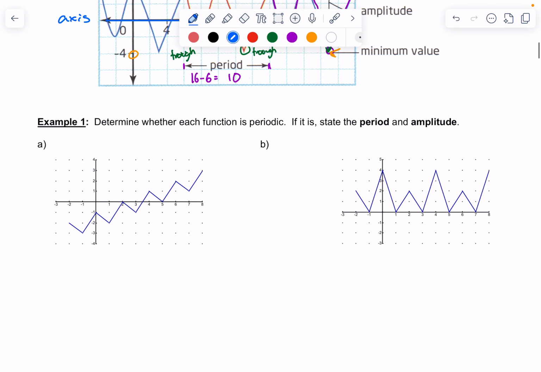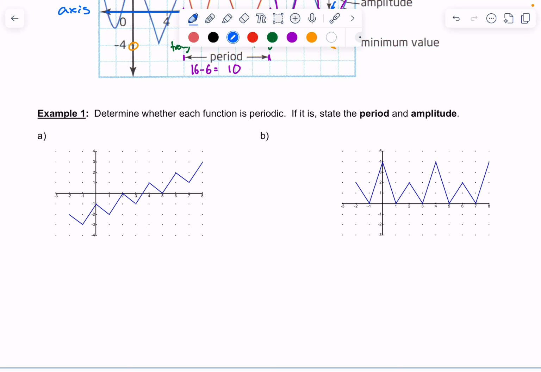So let's look at example 1 here. Determine whether each function is periodic. If it is, state the period and the amplitude. So if something is periodic, all right, what we need is a repeating pattern.